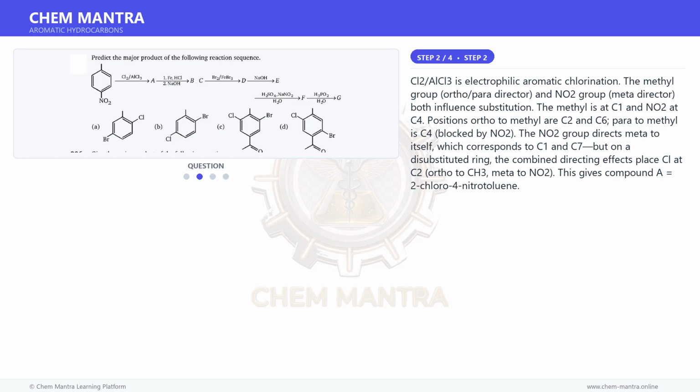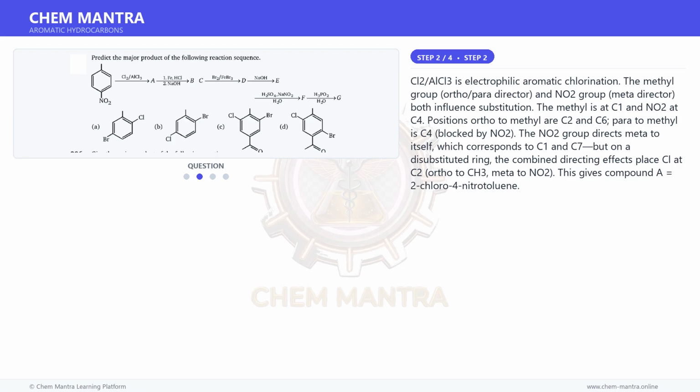Cl2/AlCl3 is electrophilic aromatic chlorination. The methyl group, an ortho-para director, and the NO2 group, a meta-director, both influence substitution. The methyl is at C1 and NO2 at C4.